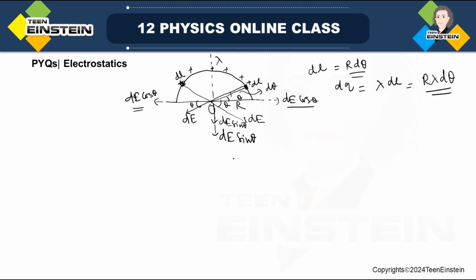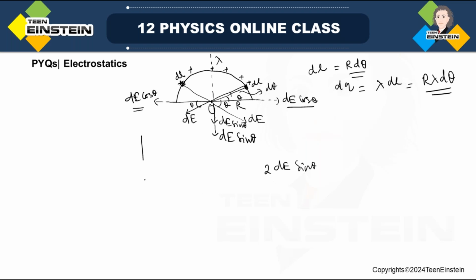They will cancel each other. So finally, you will get how much electric field? Electric field in this direction, perpendicular to this radius, and that will be 2 dE sin θ. And this I have done considering both the sides.